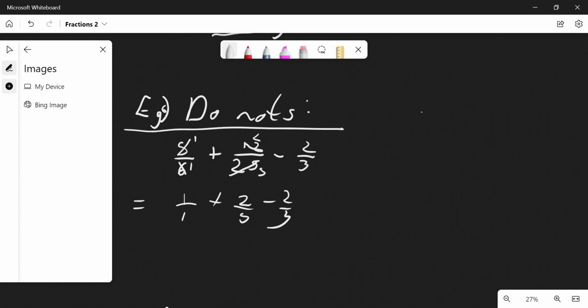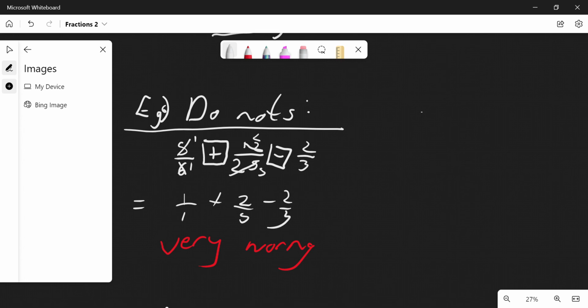This is very wrong, guys. And why is that? Because you can't apply these rules across these signs, because these are separate terms. 5 over 6 is a separate term from 12 over 25, which is a separate term from 2 over 3.